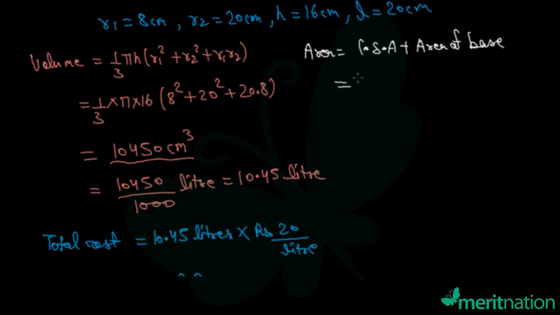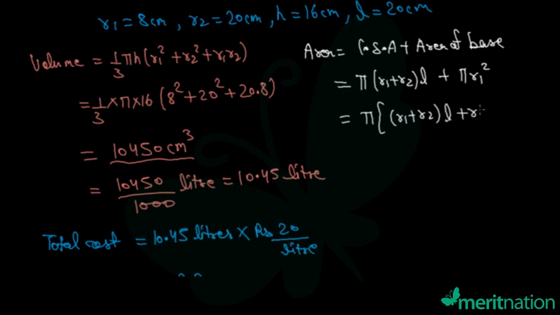It would be equal to pi times curved surface area of any frustum, that's pi into (R1 plus R2) into L, plus area of the circular base, that would be equal to pi R1 square. Let's take pi common from this, so it's equal to pi into ((R1 plus R2) into L plus R1 square).